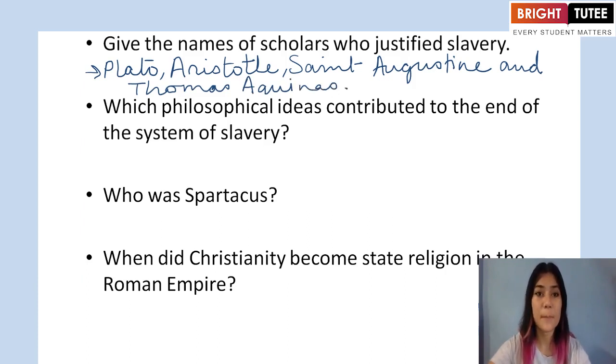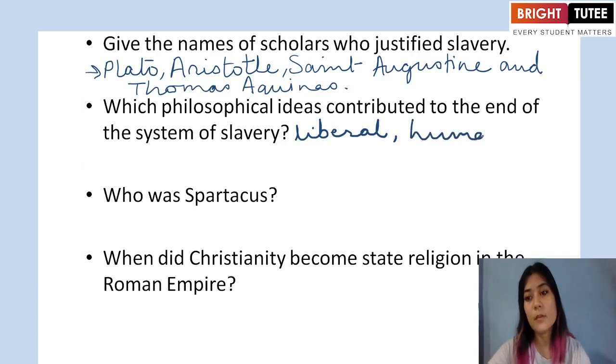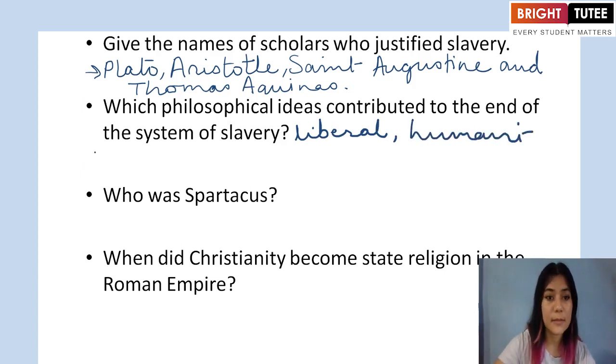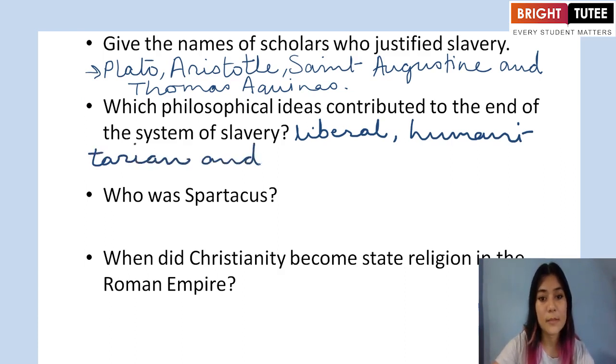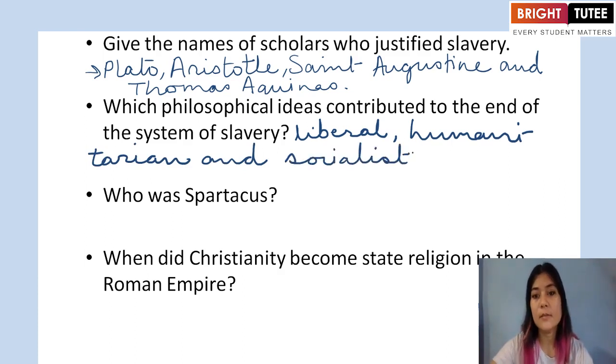Alright? The next question. Which philosophical ideas contributed to the end of the system of slavery? Liberal, humanitarian, and socialist ideas contributed to the end of the system of slavery.